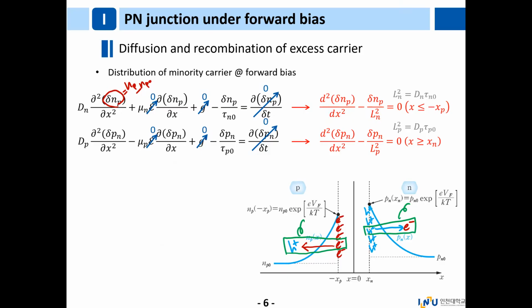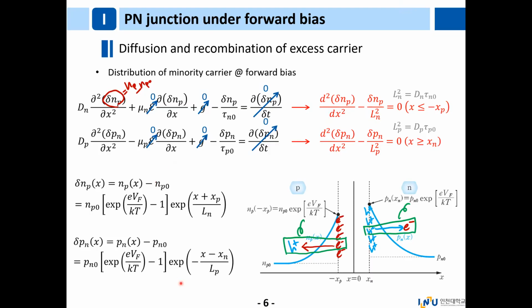This structure is called a long PN junction diode. Now, if the general solution of the equation is obtained and boundary conditions are substituted, the following form can finally be obtained.